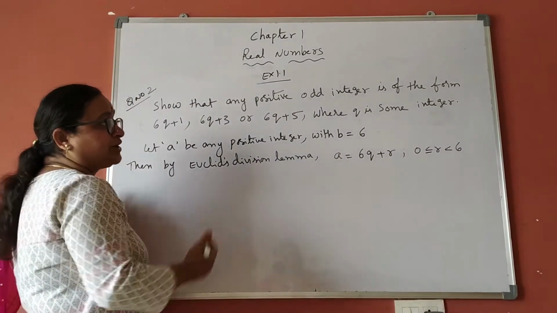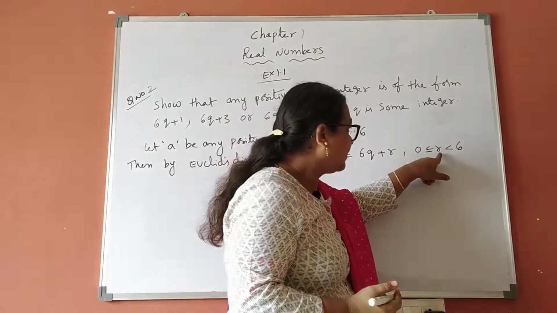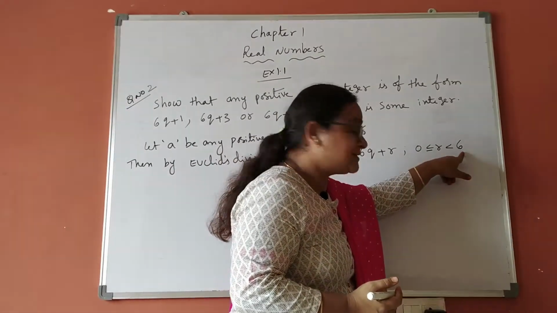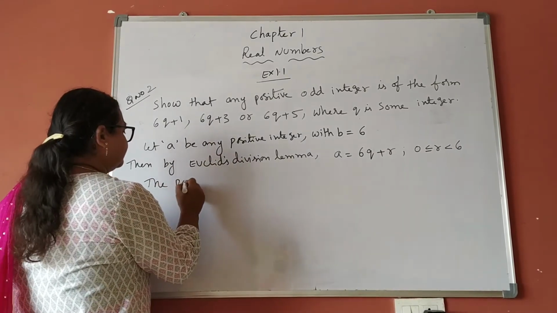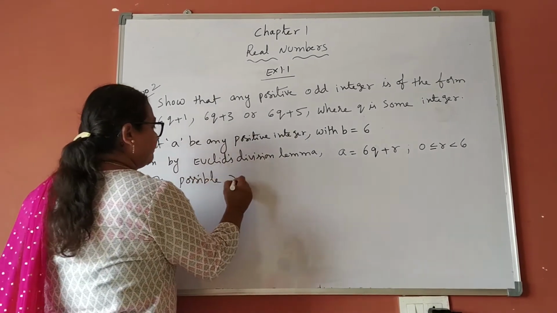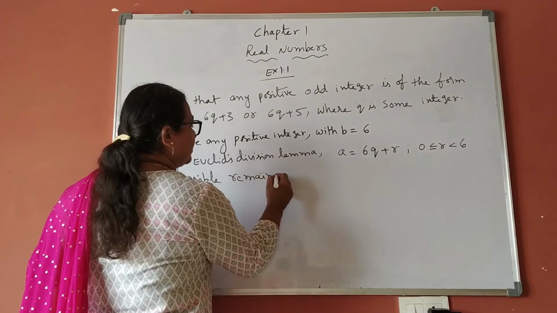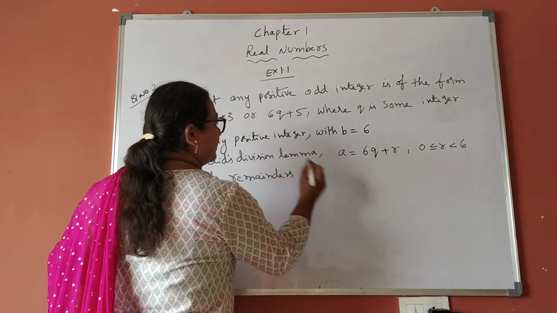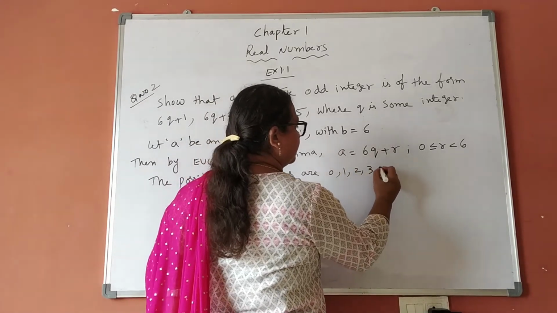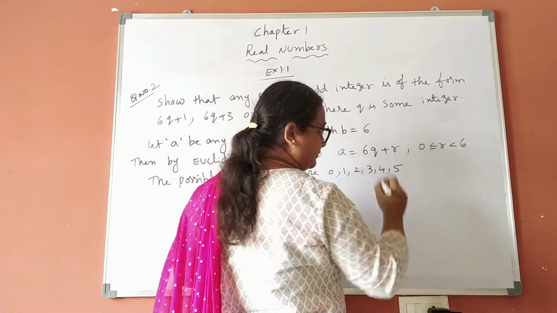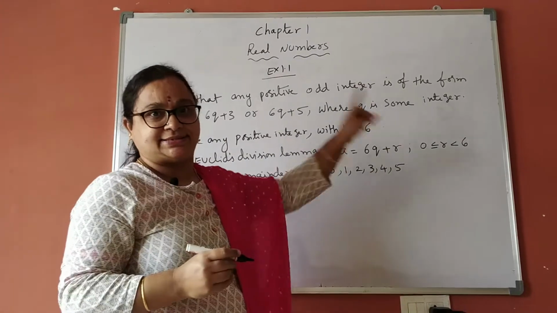Now what are the possible remainders? Here r can take value 0, but it should be less than 6. So the possible remainders are 0, 1, 2, 3, 4, 5, because r is less than 6.